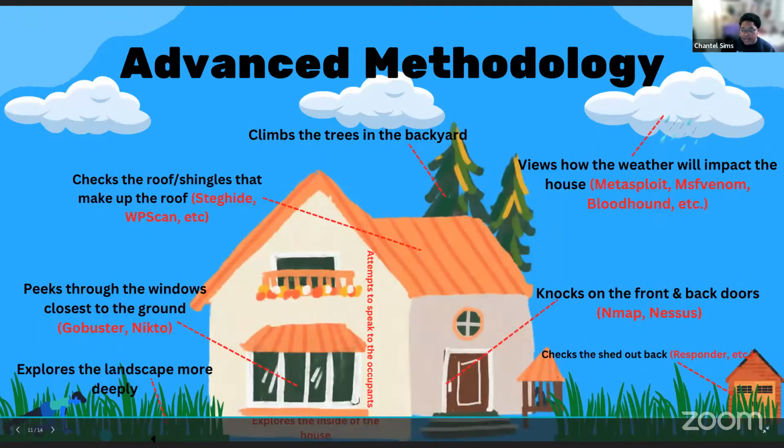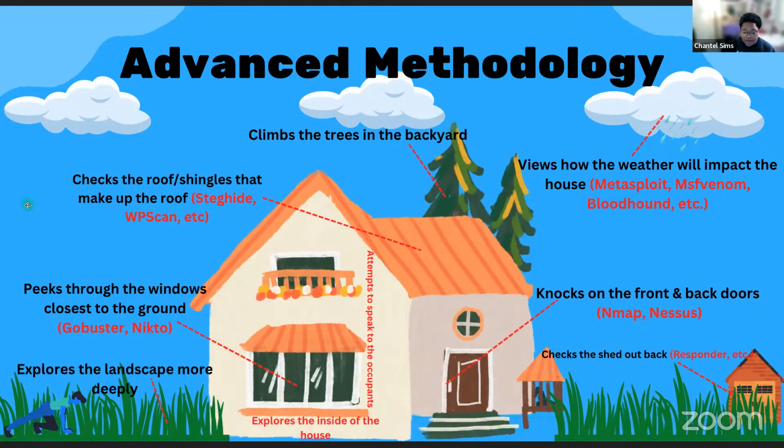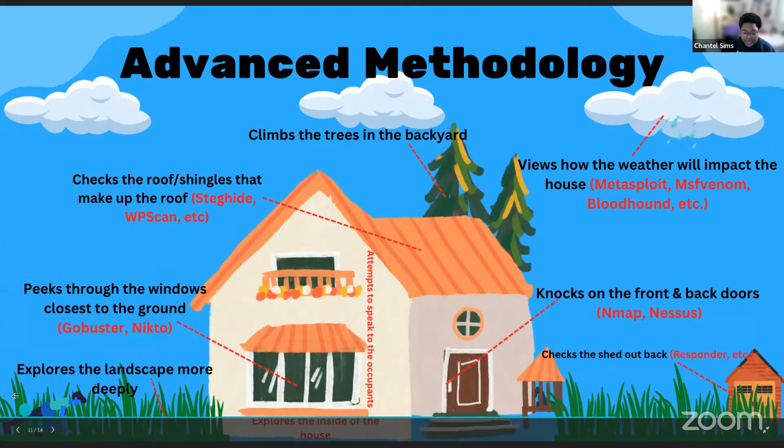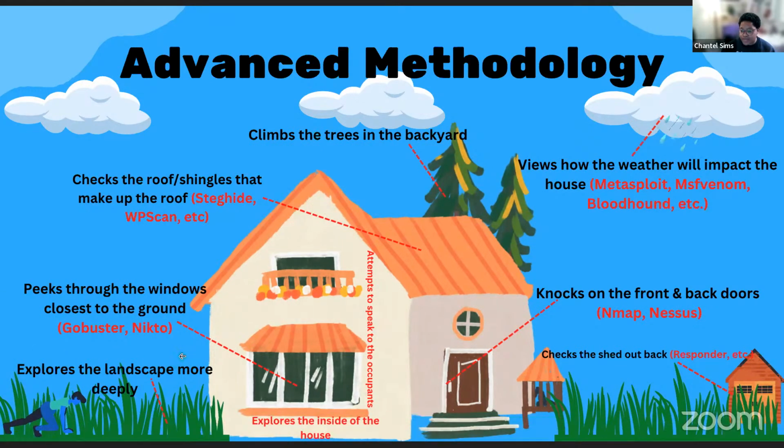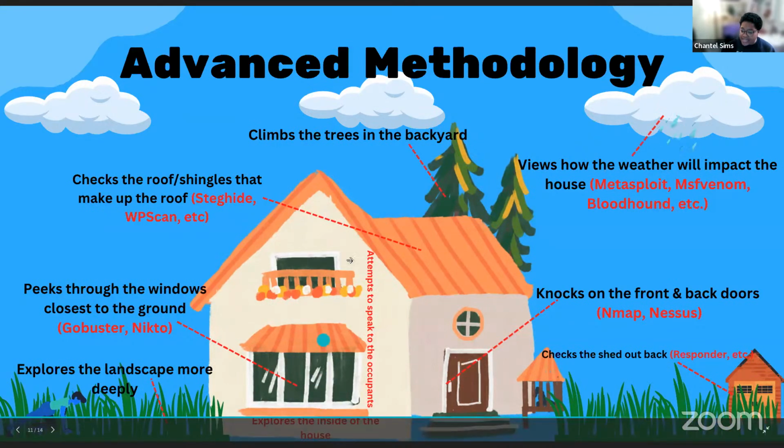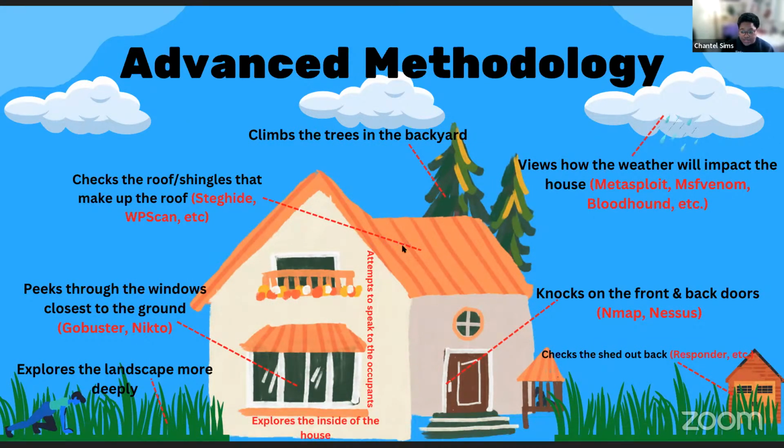So if we're looking at this from an advanced viewpoint, right, let's look at everything we're building upon. If you see this guy down here, now he's exploring the landscape more deeply, right? Now they're exploring the inside of the house, or maybe they're attempting to speak to the occupants of the house. Now we're just adding on to our already developed methodology.